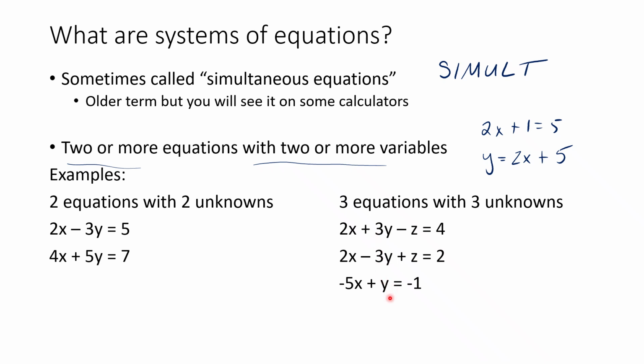It just means that in this case, if you were to write it with the z, it would look something like this: negative 5x plus y plus 0z equals negative 1. And that is actually okay to have. So you've got three variables in there, an x, a y, and a z, and three equations. So those are examples of systems.